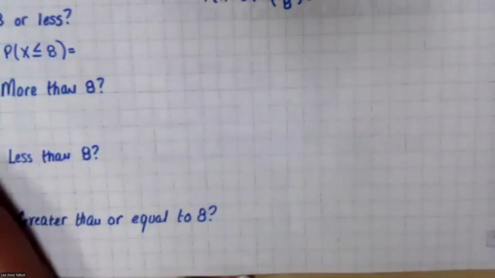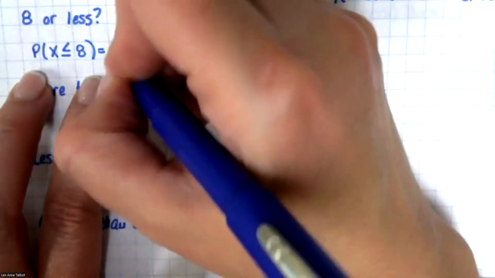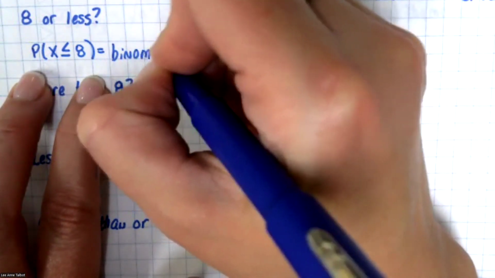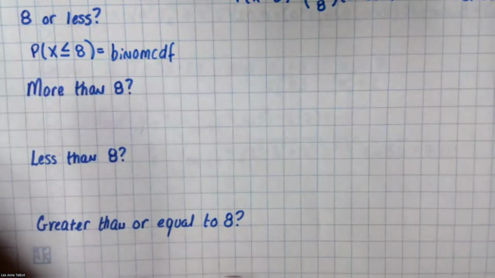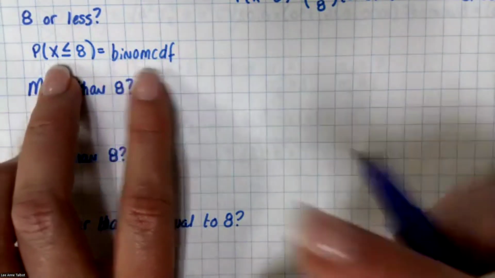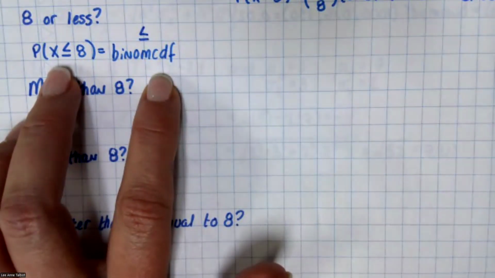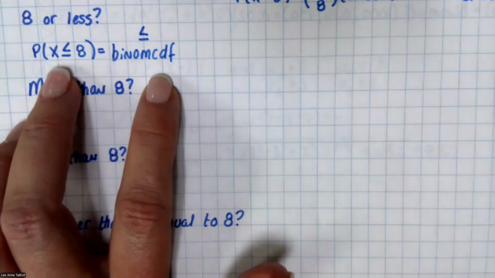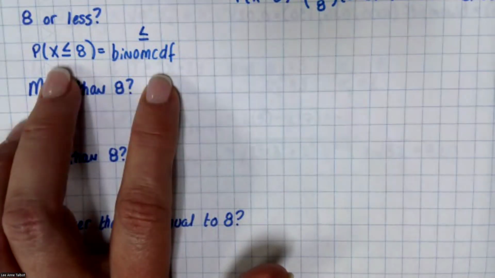So all we have to do is binom CDF instead of binom PDF. Binom CDF is always less than or equal to because it's cumulative. It's adding them up as it goes. Everything less than or equal to it. Cumulative.